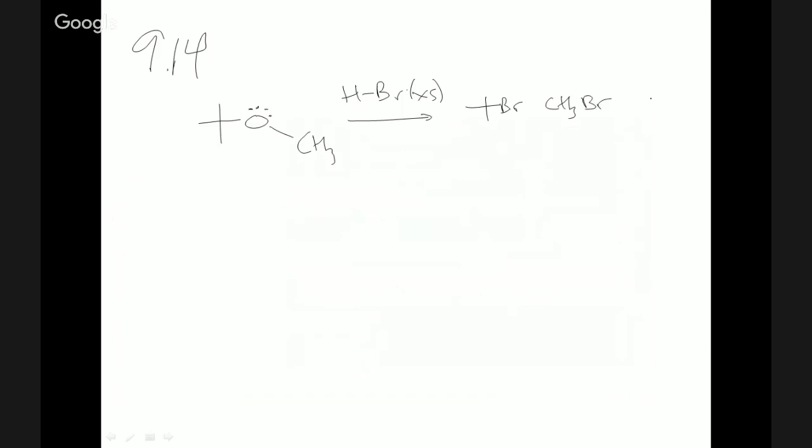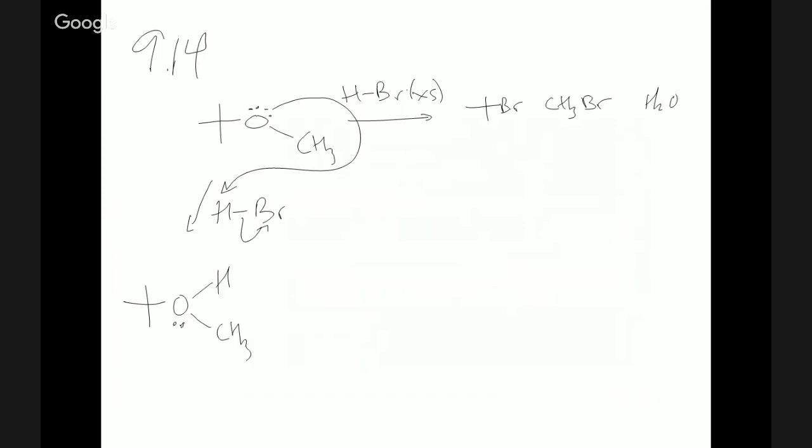And we're going to get two equivalents of water. I'll show that. So let's add HBr. Protonation. Get dissociation.